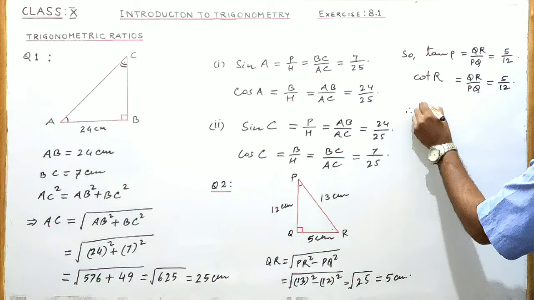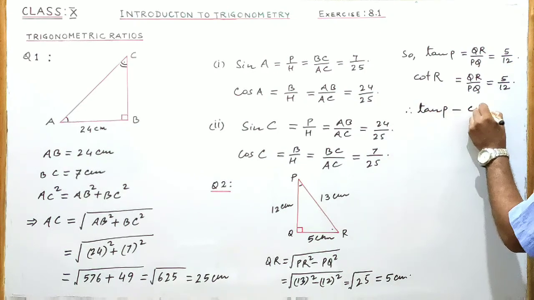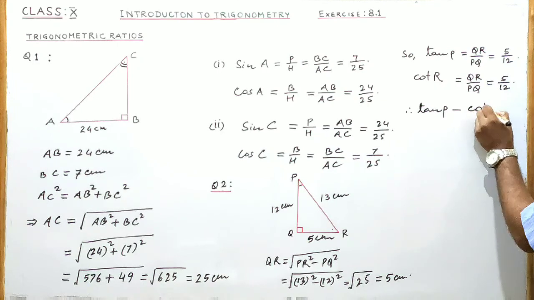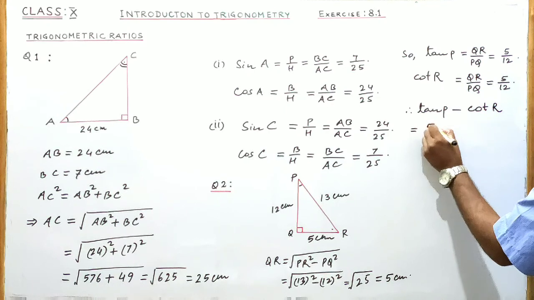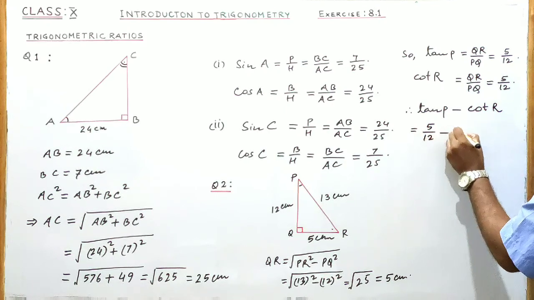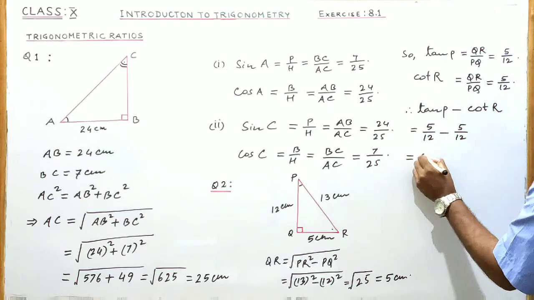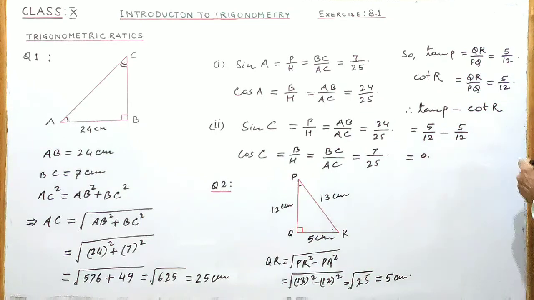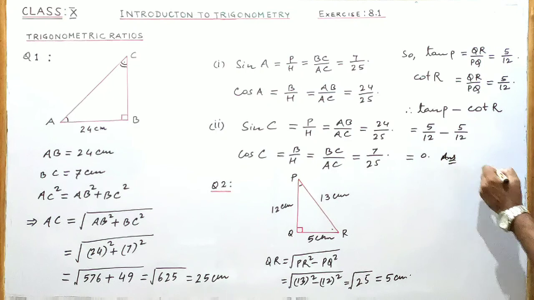So therefore tan of angle P minus cot of angle R is equal to 5 by 12 minus 5 by 12 equal to 0. So tan P minus cot R is equal to 0, and this is the answer of this question.